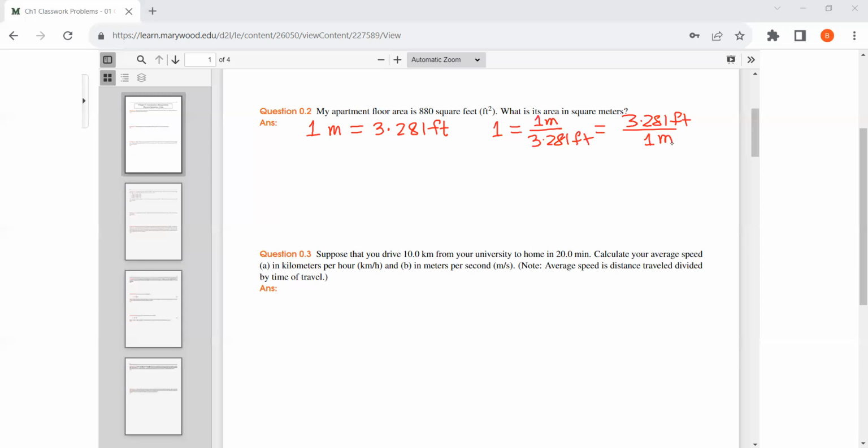Now the next thing we have to do is 880 square feet. Here we have to be careful. Here we have feet and feet, which means we have to convert feet twice. In the last problem we converted feet one time; here we have to do it 2 times.